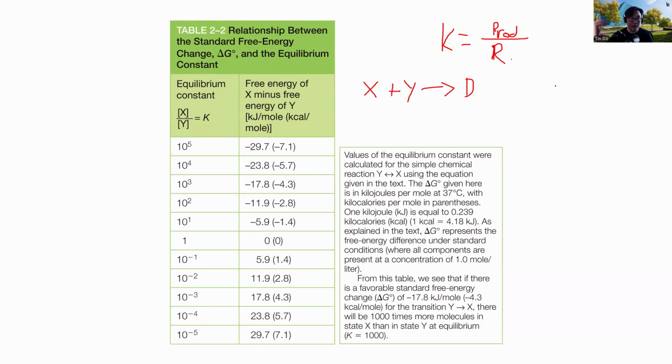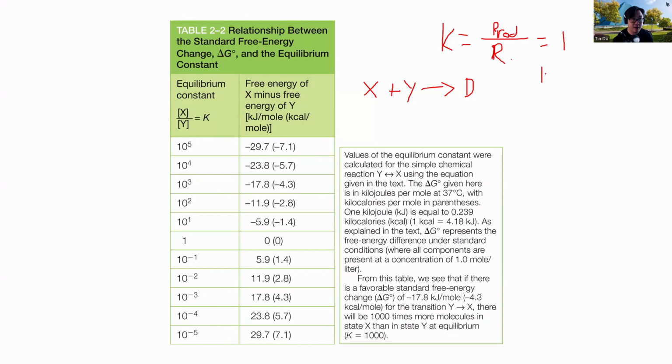If your K value is bigger than the value of 1, why 1? Because if the top and the bottom are the exact same value, guys with me, if I gave product and reactant the exact same value in terms of concentration, it's going to give me a value of 1 because numerator divided by denominator, if they're the same, they cancel each other out, we get 1. So 1 is that balancing point for a mathematical equation in a fraction.